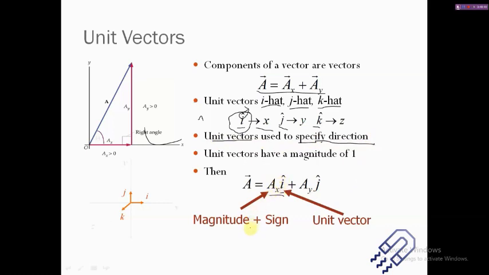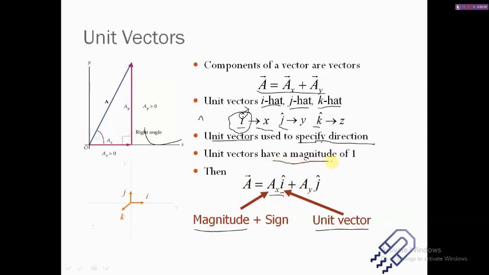Ax represents the magnitude, okay, and this i cap, j cap, and so on, represent the vector direction. Okay. So whether it is plus or minus, in the same direction, in the same sense, or in the opposite sense. Okay. So this is the representation of sign. That we will see in a problem.